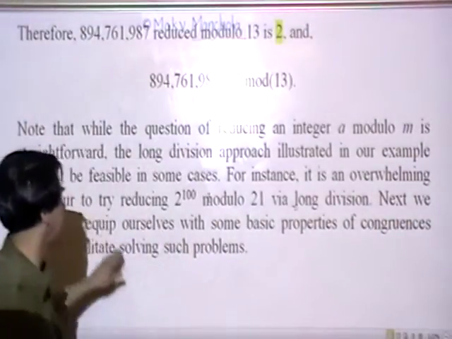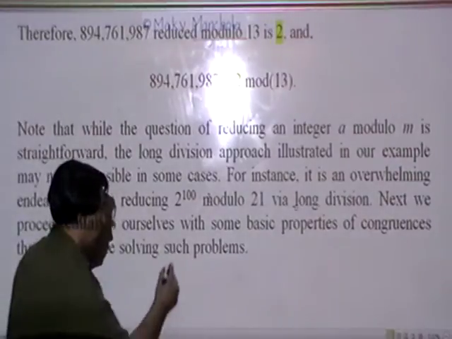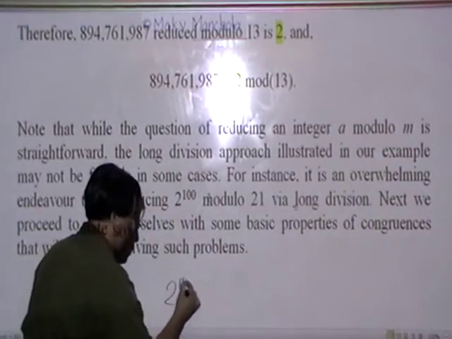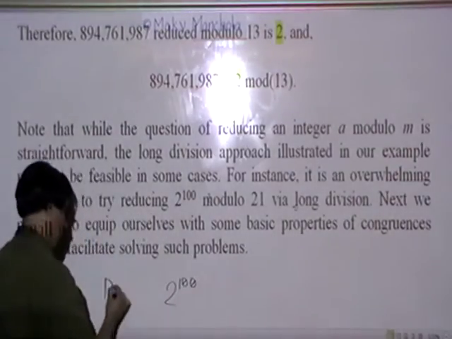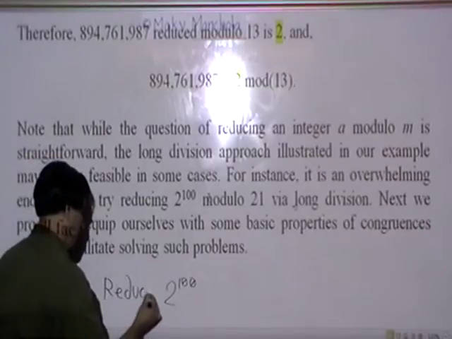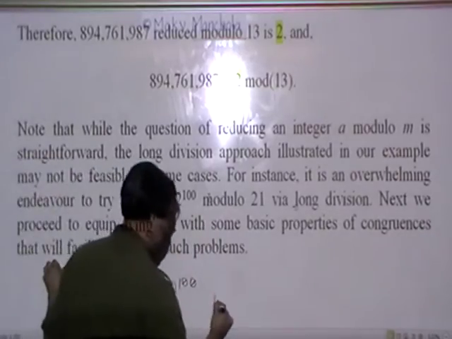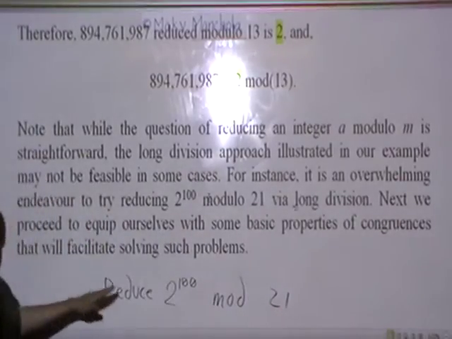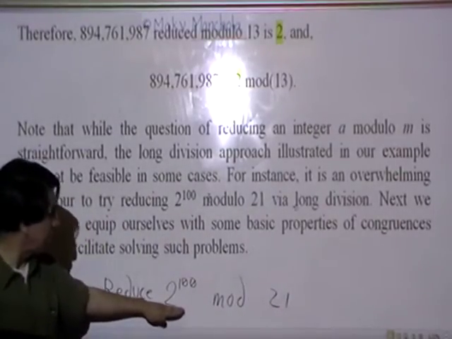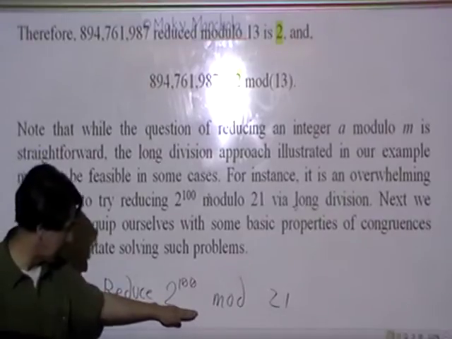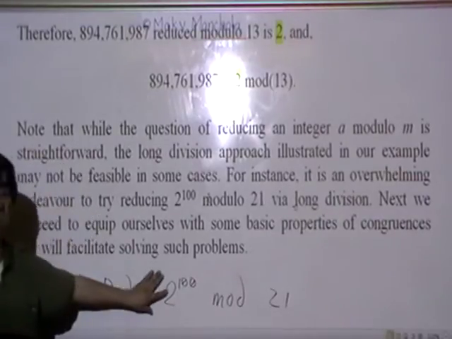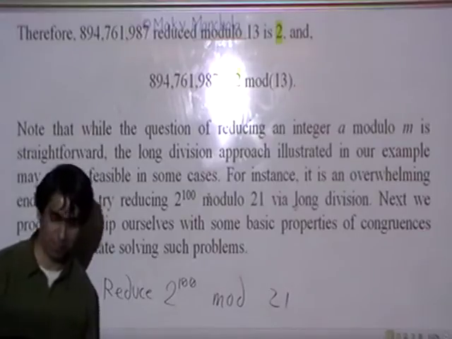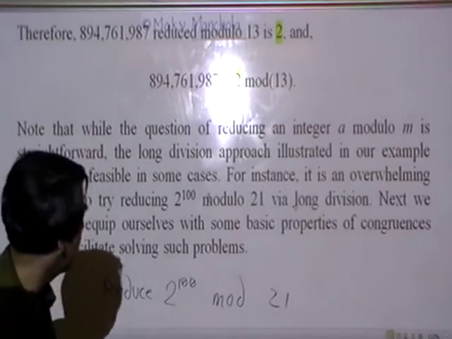For instance, if we want to reduce 2 to the power 100 modulo 21, using long division, this would be a rather overwhelming task. For one, you have to find 2 to the 100. That is an extremely big number.